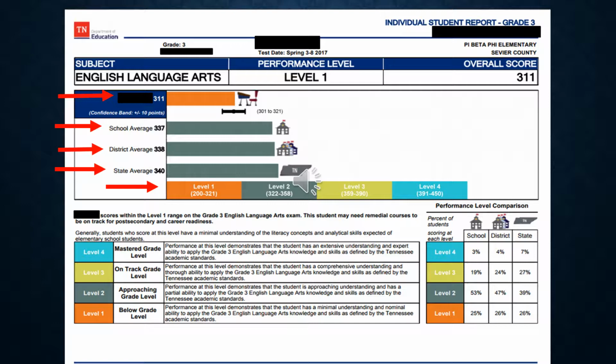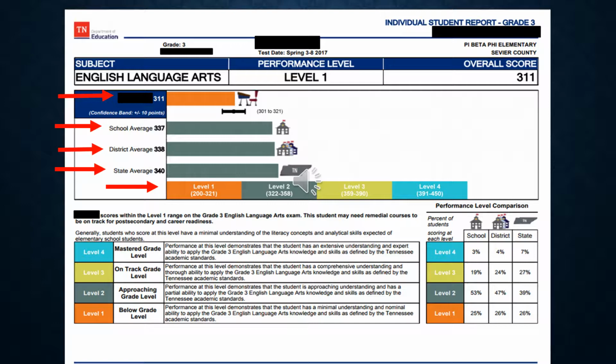We can now compare this score to the school, district, and state average for this grade level test. You will also notice the performance levels at the bottom of this graphic. This will tell you the overall score ranges for each performance level.